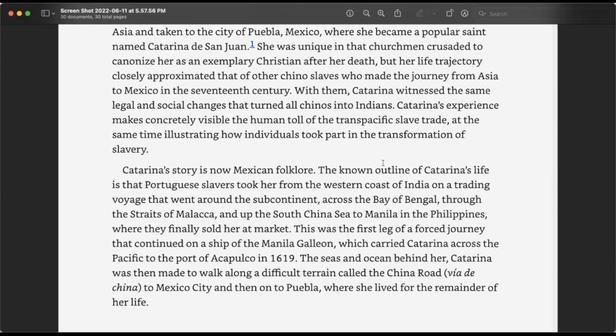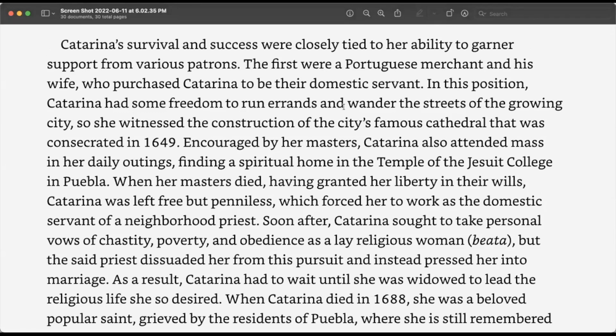The seas and oceans behind her, Katarina was then made to walk along a difficult terrain called the China Road, Via de China, to Mexico City, and then on to Puebla, where she lived for the remainder of her life. Katarina's survival and success were closely tied to her ability to garner support from various patrons.